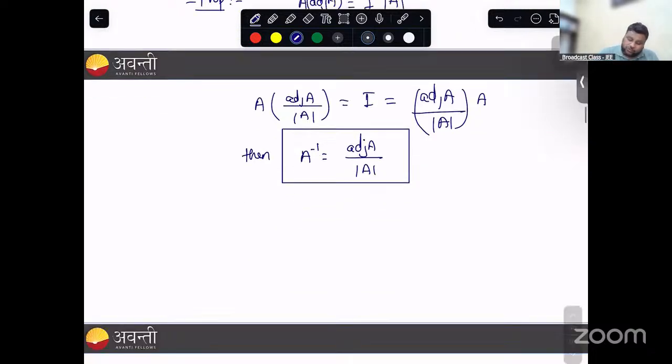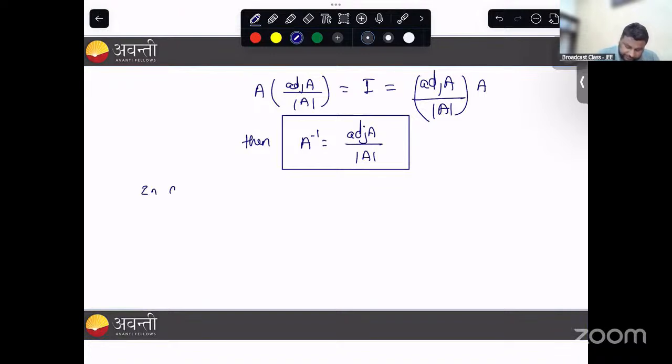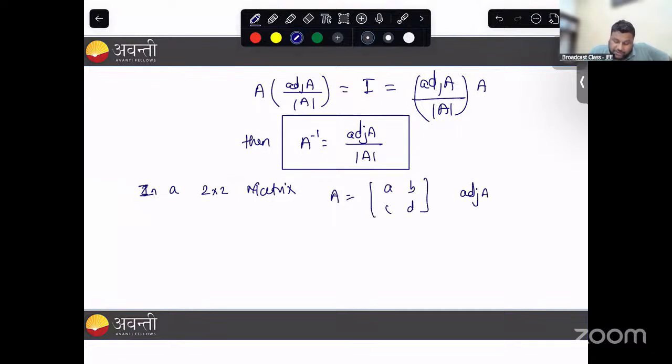Now see, in a 2 by 2 matrix, we know if A is a, b, c, d. Yesterday only I told you how to get adjoint A: change the positions of the diagonal entries and change the sign of the off-diagonal entries.